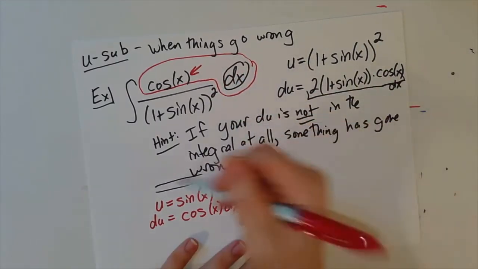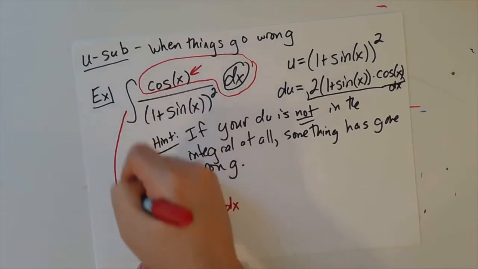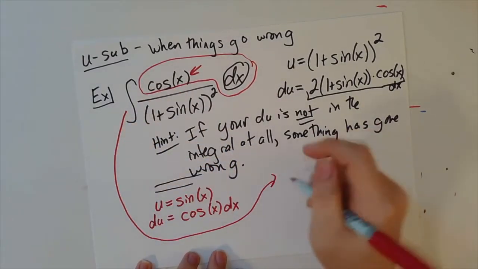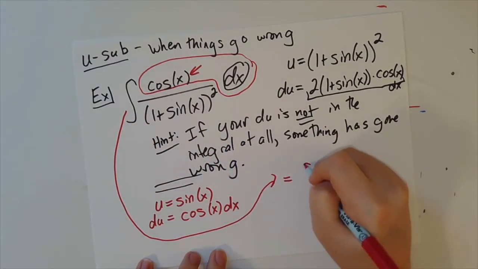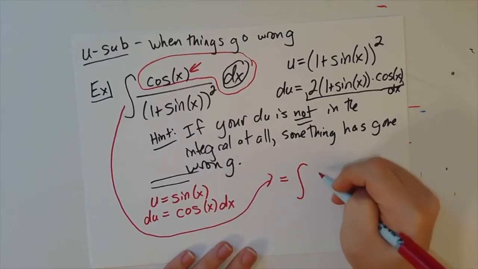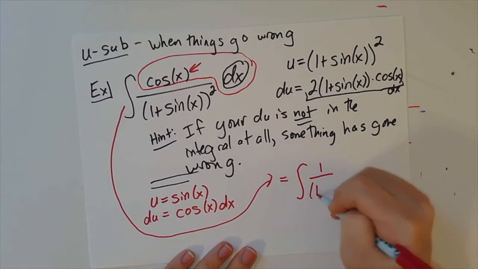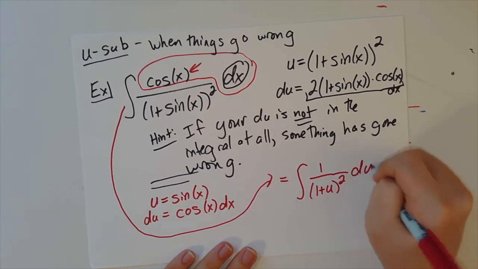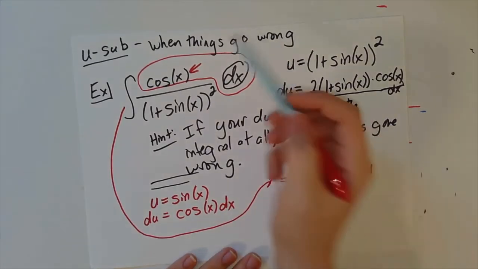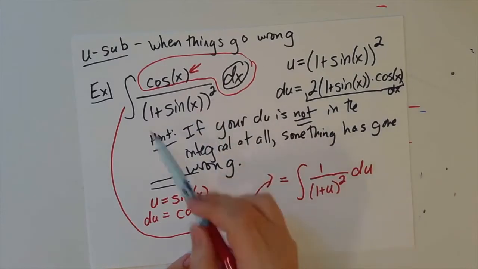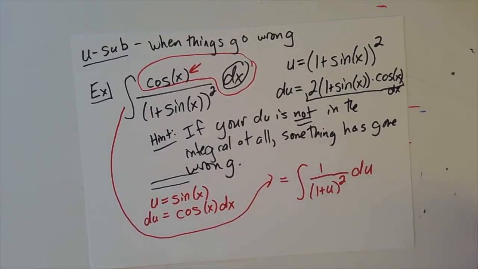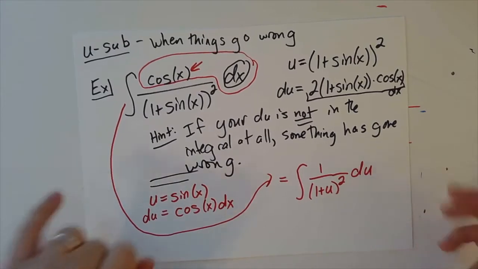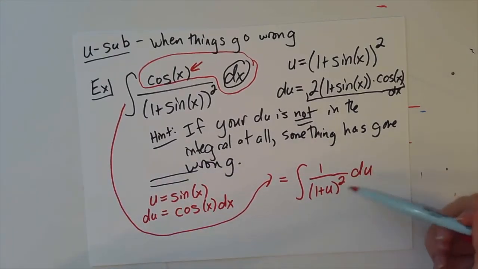Okay. So if you do this, then this integral becomes the integral of 1 over 1 plus u squared du. So I combined these two into a du, it's a 1 plus u squared, and so then I get here. Now, at first, you might look at this and think, oh, isn't that the arctangent one?